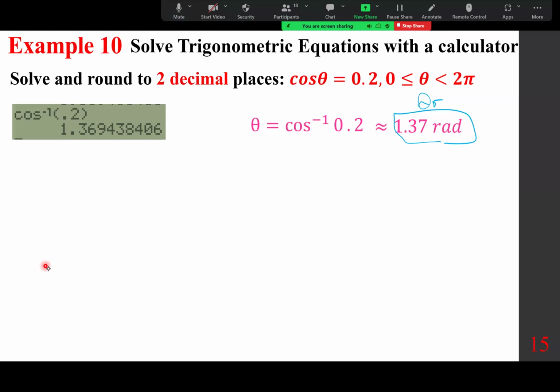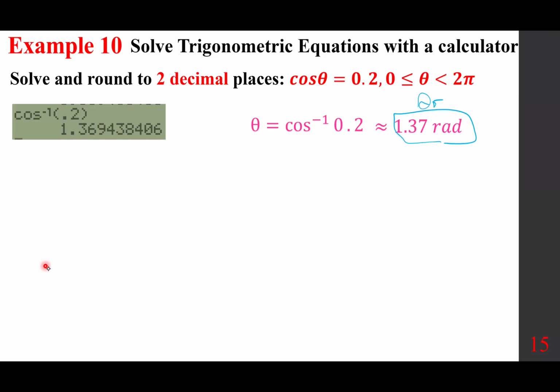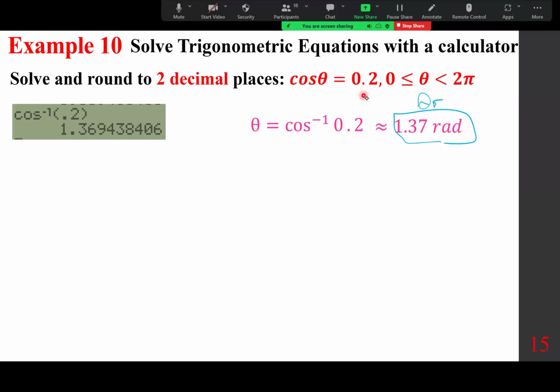And by the way, how do you know it's between 0 and pi over 2? Remember, pi over 2 is about 1.57, right? Half of 3.14, roughly. And so, you know, cosine is positive in the first and the fourth quadrant. And how do you get to the fourth quadrant? 2 pi minus the reference arc.